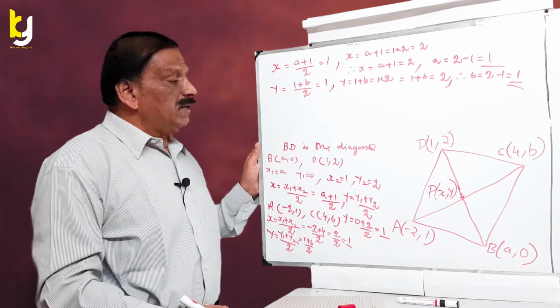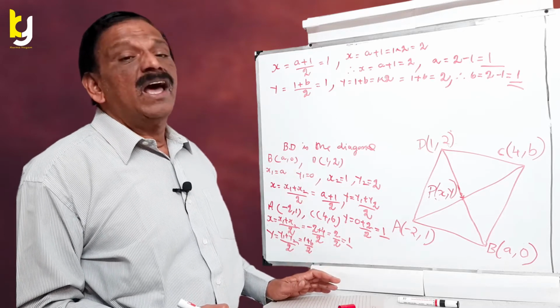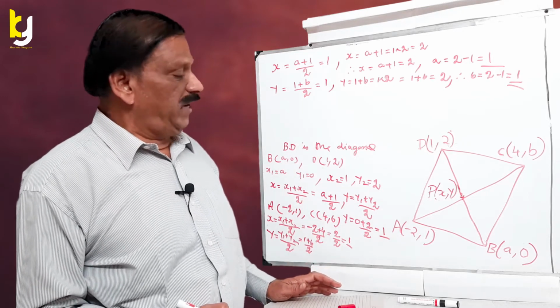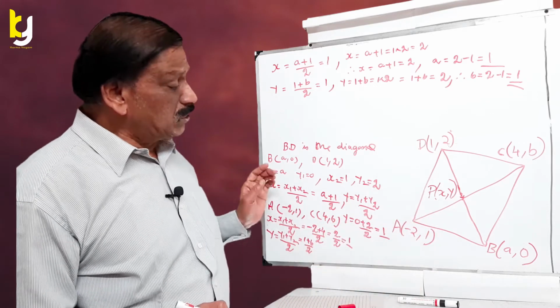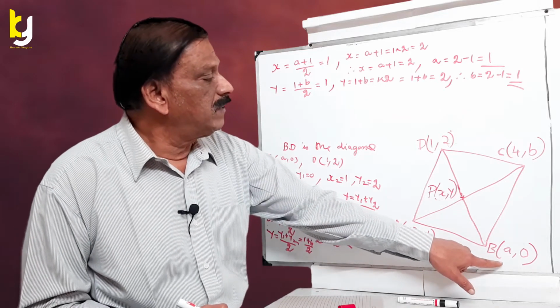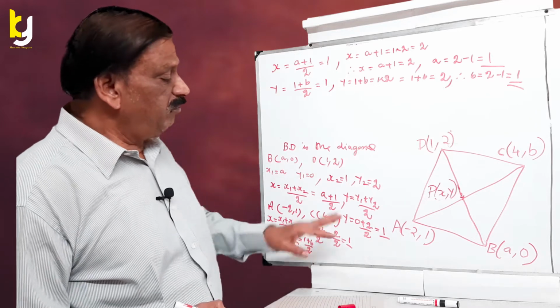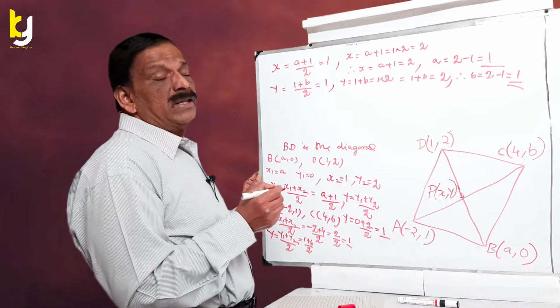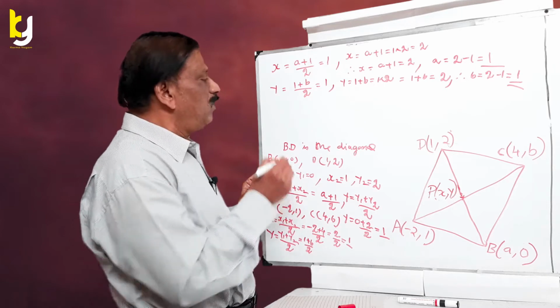So another question, the sub question, is find the length of all sides. We can find the distance between A and B, because a is 1 and b is also 1. We can calculate the distance between A and B using the distance formula.